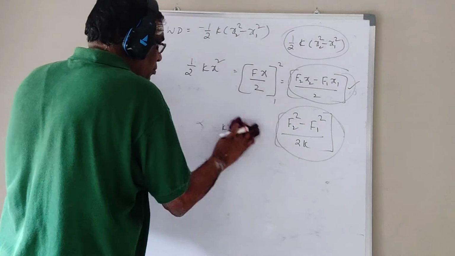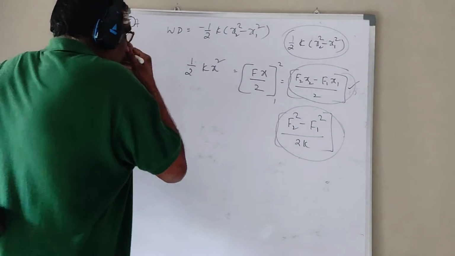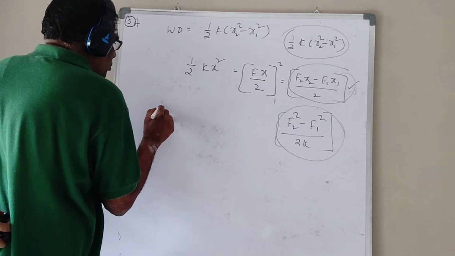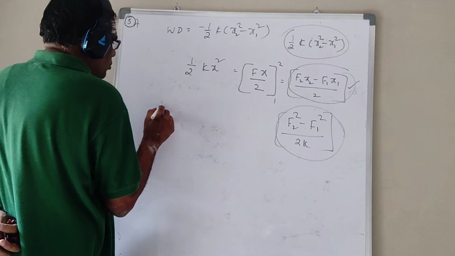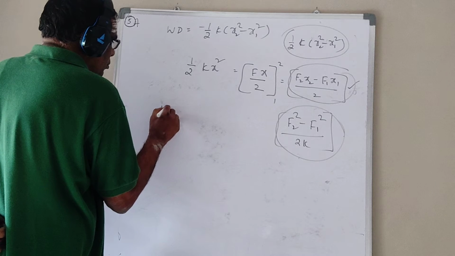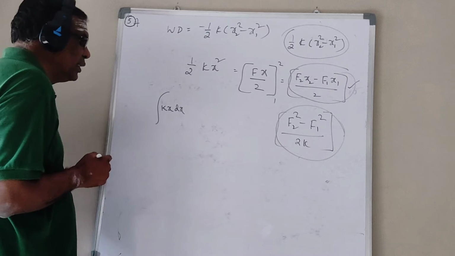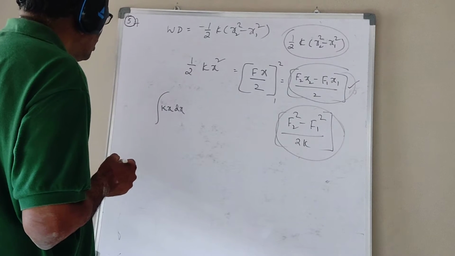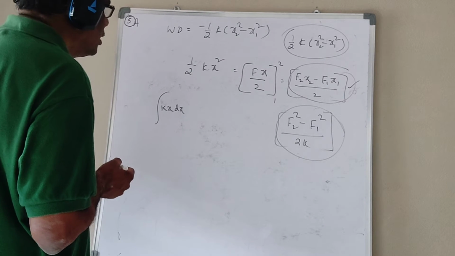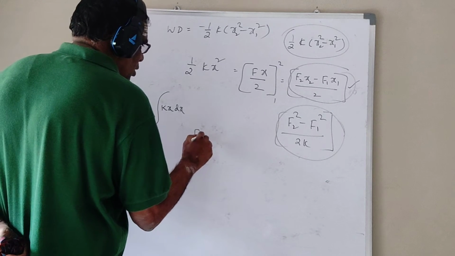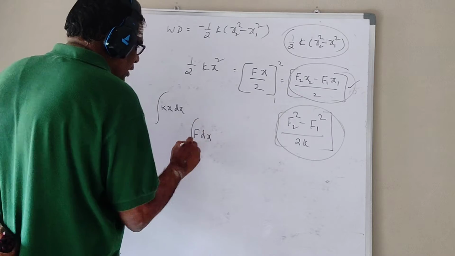This is how you are doing it, okay? kx dx, otherwise you are doing it as f dx.